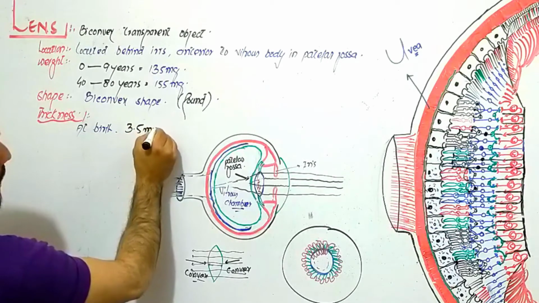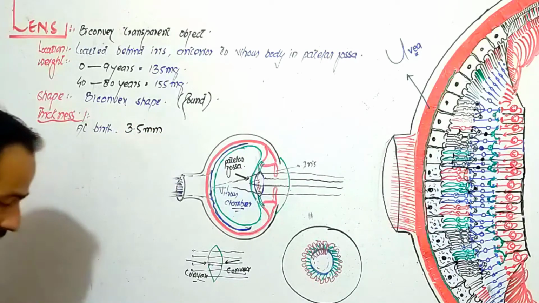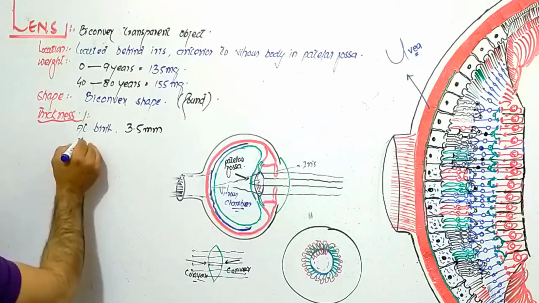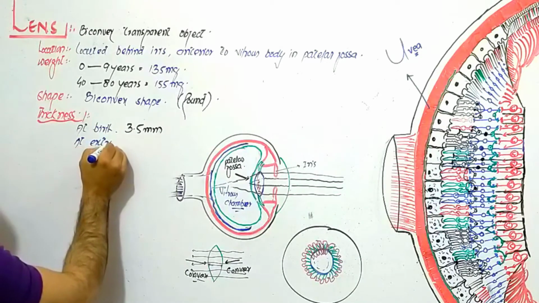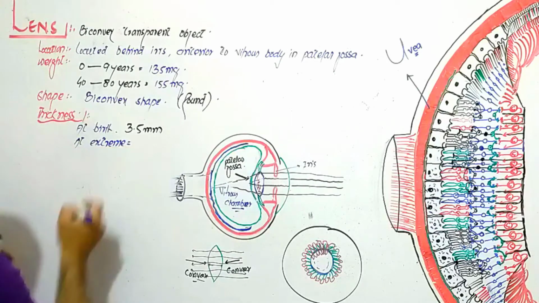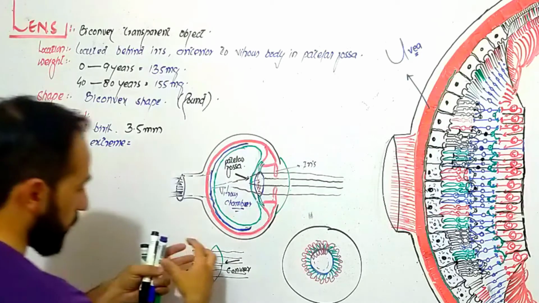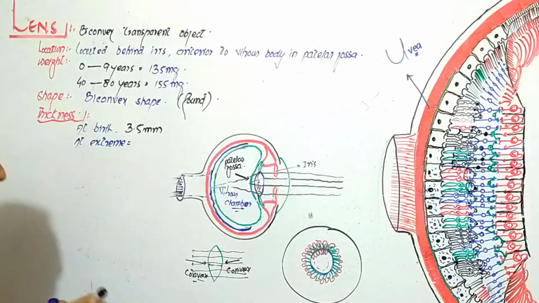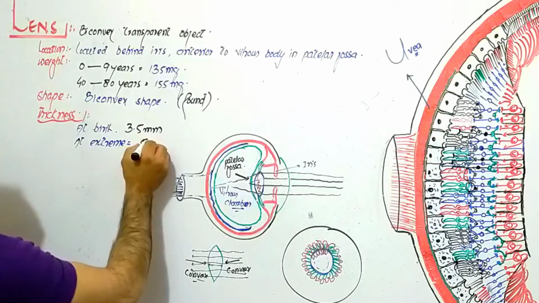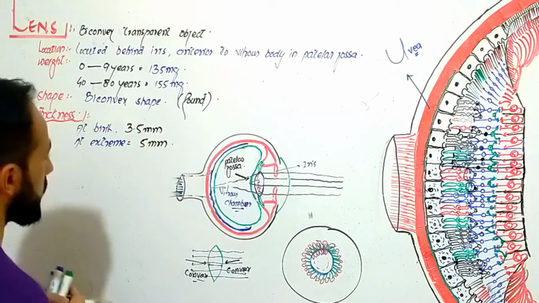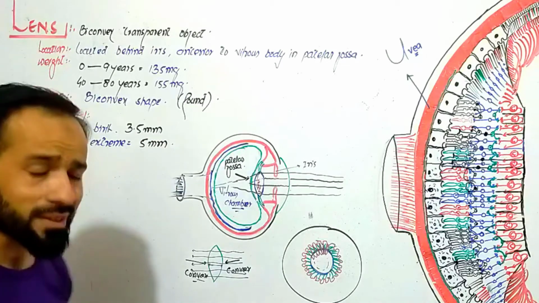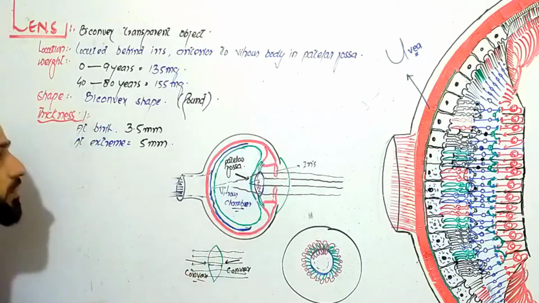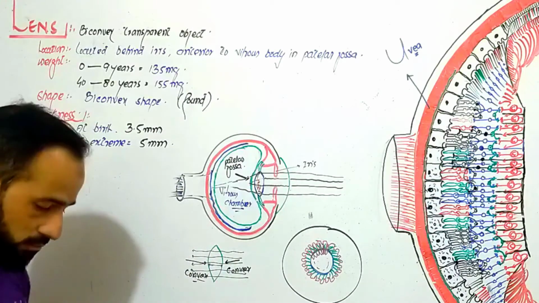At its extreme, meaning the extreme point of the thickness of the lens, it is about 5 millimeters. Extreme means an adult eye. An adult eye lens has a thickness of 5 millimeters, right?